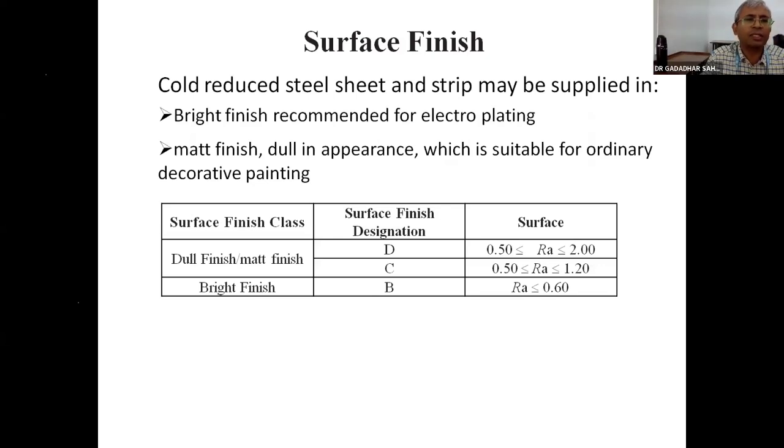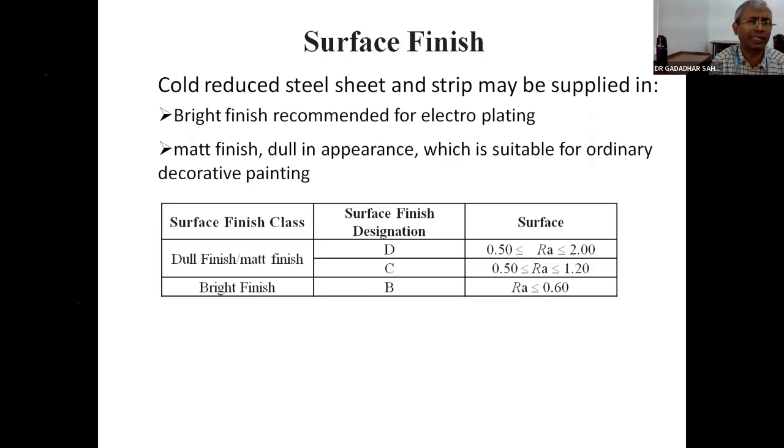Regarding surface finish, after cold rolling in the tandem mill, then annealing, either the batch annealing process or the continuous annealing process, we go for the skin pass. After the skin pass, the surface appearance also depends.